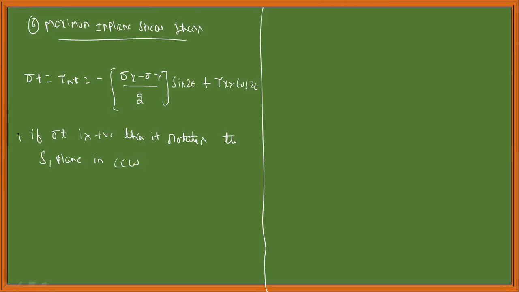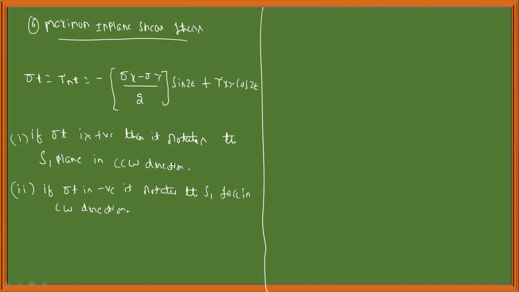This is the first point to be noted. If sigma t is negative, it rotates the S1 plane in the clockwise direction. Counterclockwise direction, clockwise direction, we have already discussed.